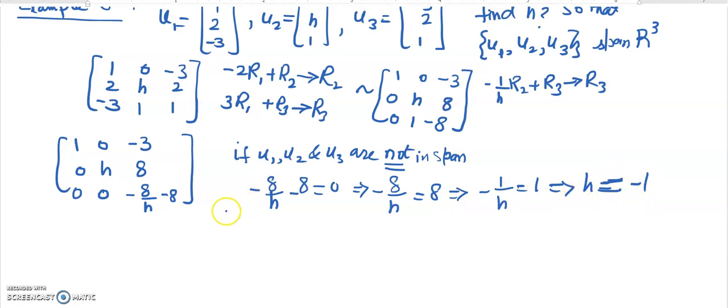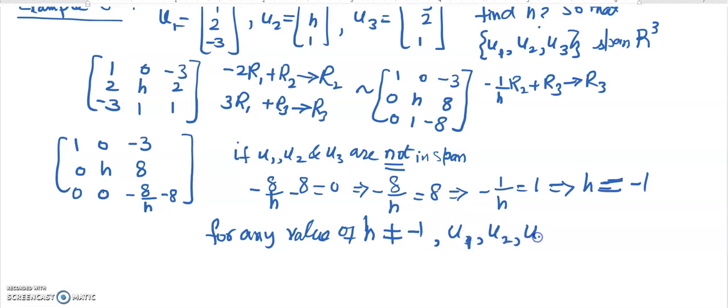So our answer is, for any value of h not equal to minus 1, u1, u2, u3 will span R3. Okay, this is the answer.